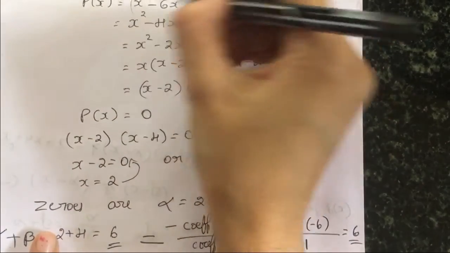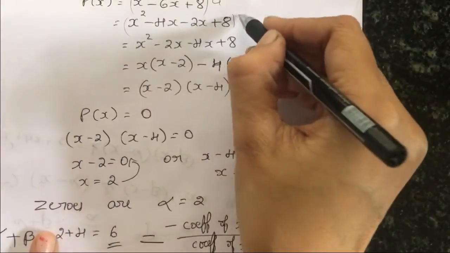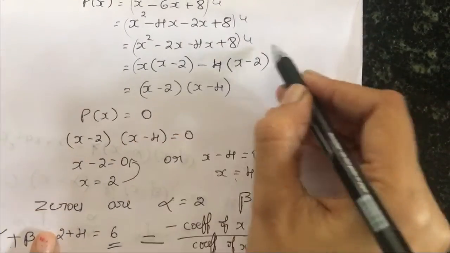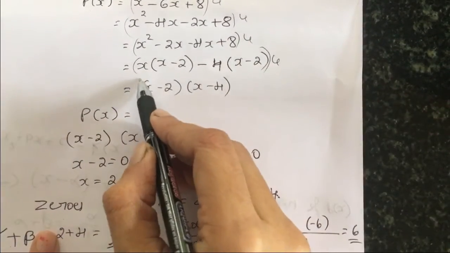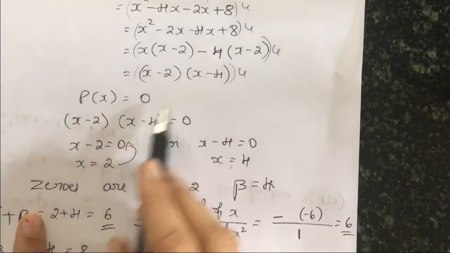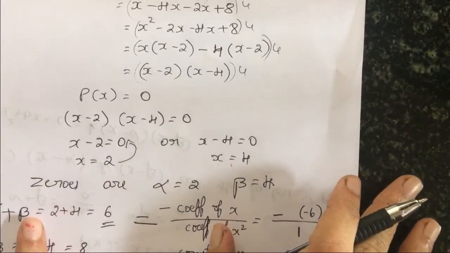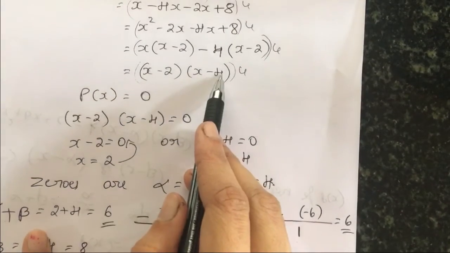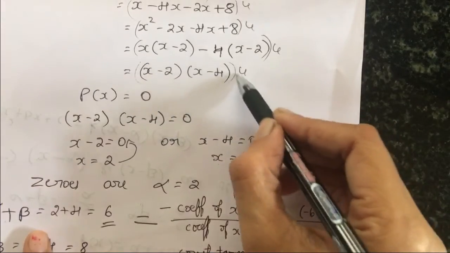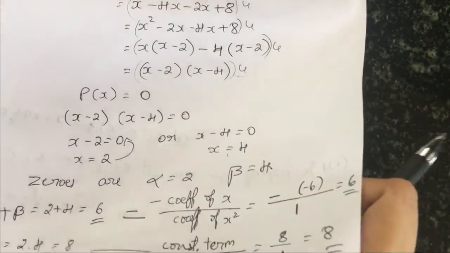If I multiply the whole equation by 4, each part is multiplied by 4, so 4 is over here. Then I cannot write 4 equal to 0, because 4 cannot be equal to 0, right? So x minus 2 equal to 0 or x minus 4 equal to 0. So this is a dummy part. It won't matter much when you are finding the zeros of a polynomial.